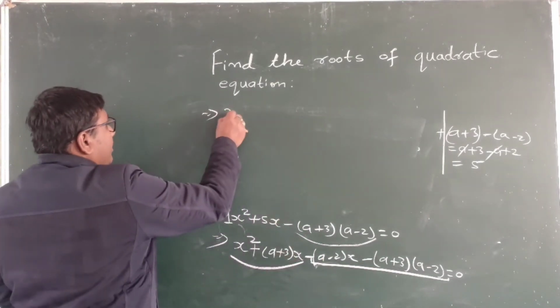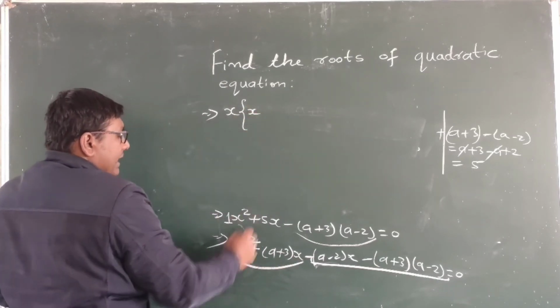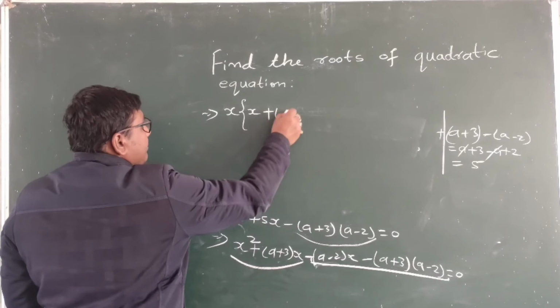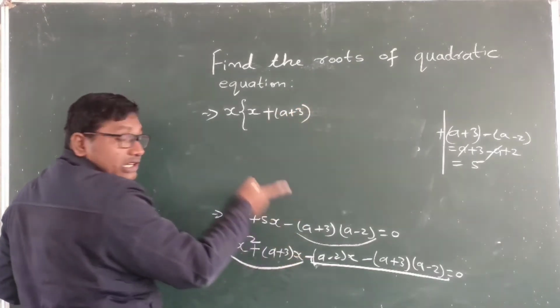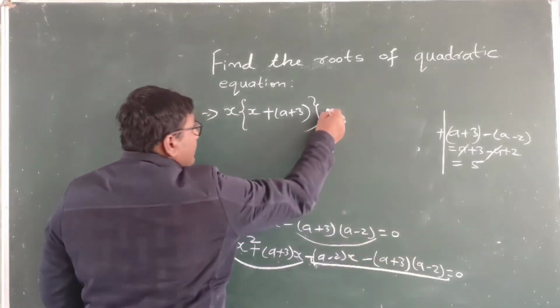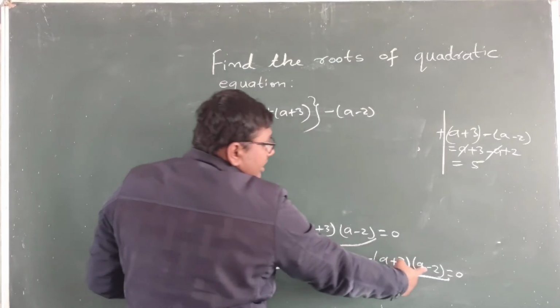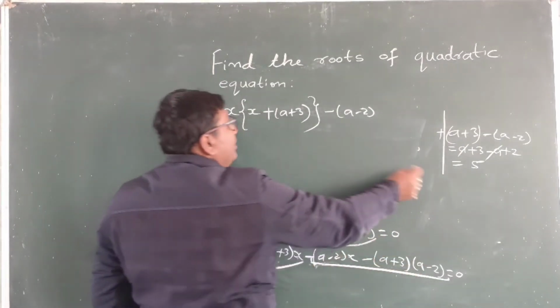Here x is common, so what rests? X plus a plus 3, because x has already been taken. Now in these two terms, a minus 2 is common, because a minus 2 is also here, so a minus 2 will be common.